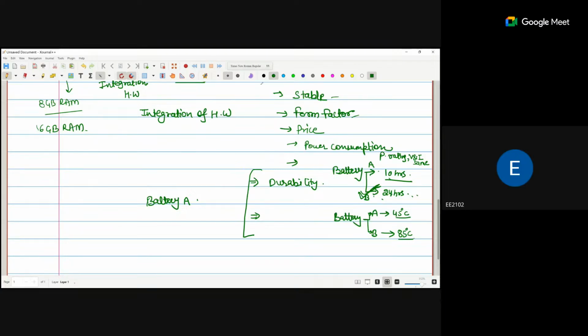Because of this high temperature, the chances are that some other components will be heated, and because of that heating they will get damaged. So I will work for 10 hours, but my temperature will be within a certain range, so it will not harm other components. So I say that battery A is more stable. Clear? Any doubt?